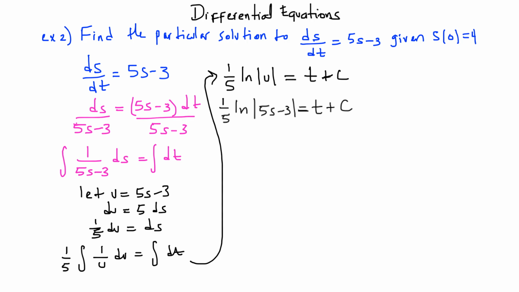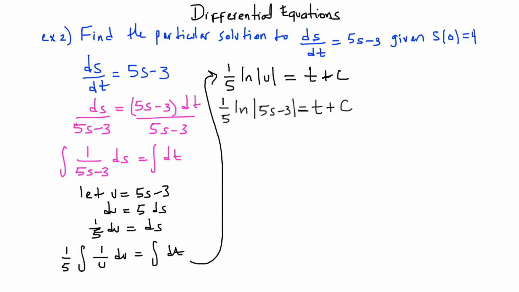Now, I told you in the last example that the best time to find the c value was whenever it first appeared, but on this one I'm actually going to wait because I see an ln and I see an absolute value, and there's a few things you might want to do before you actually find the constant of integration c. Okay?